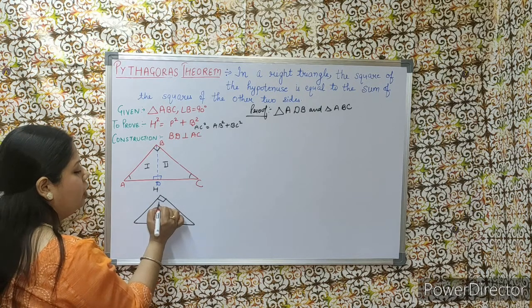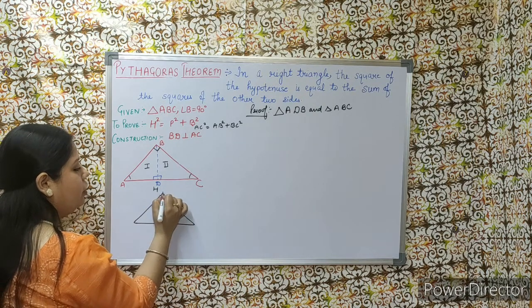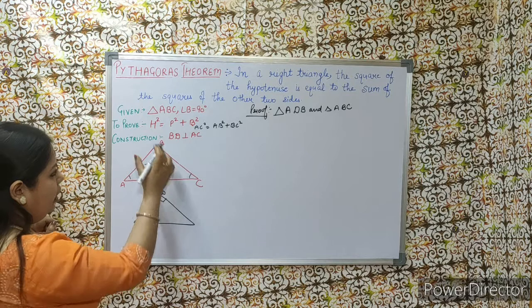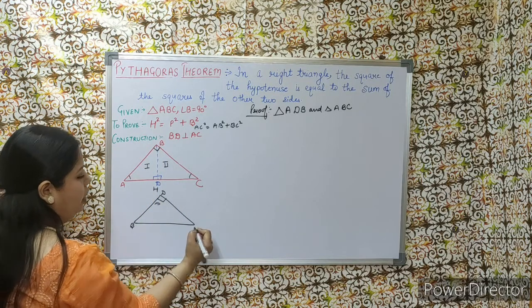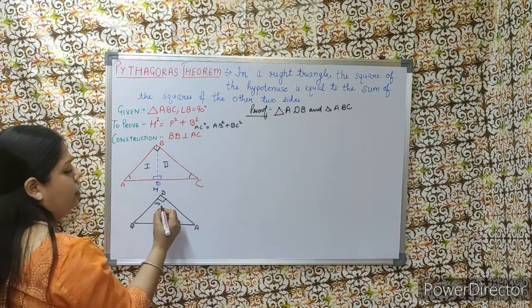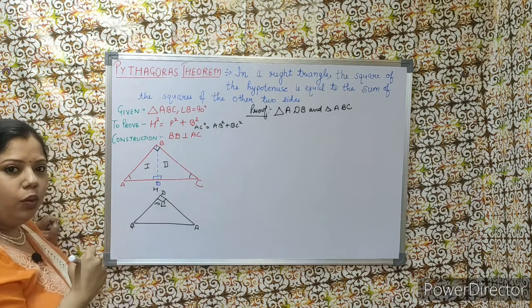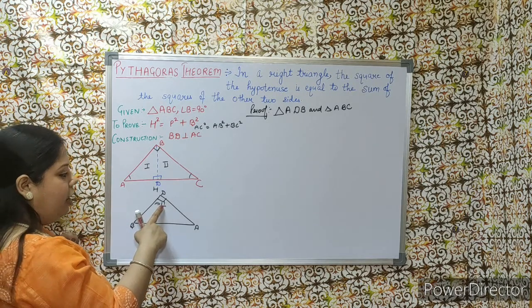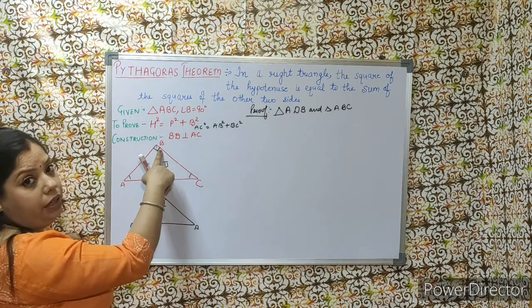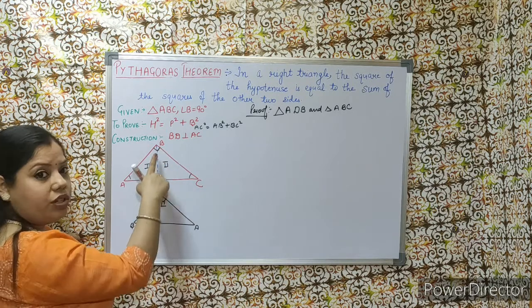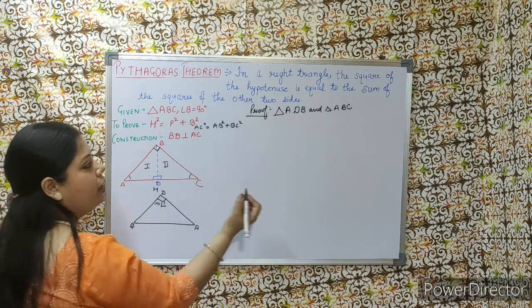with D on the top corner. So when D goes on the top corner, let me name the angle at D as angle 1. Now you can see angle 1 and angle B are equal in these two triangles because they are each 90 degrees.